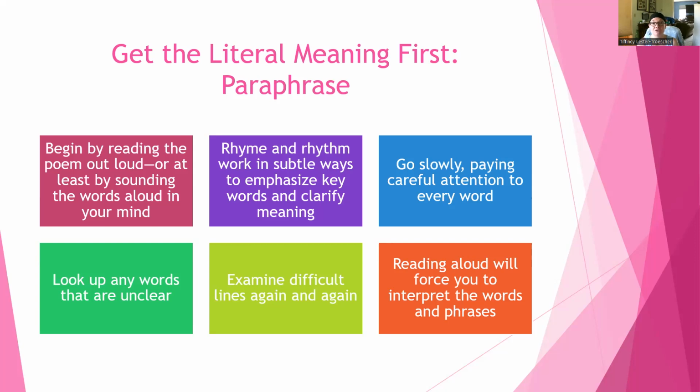The first thing you want to do is obtain the literal meaning so that you know what is actually happening in the poem. There'll be another step where you start to think about those poetic elements and figuring out what else is going on. But the first thing you have to do is just make sure you literally understand what is happening in the poem.